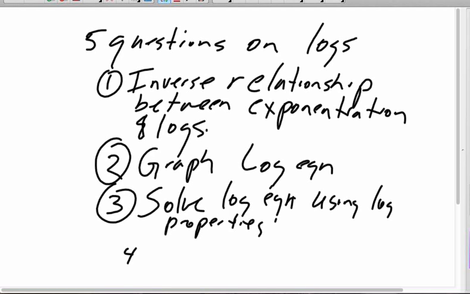You're also going to have to solve a log inequality.